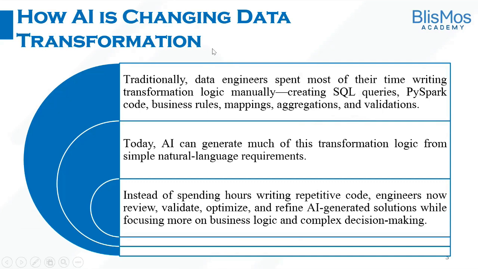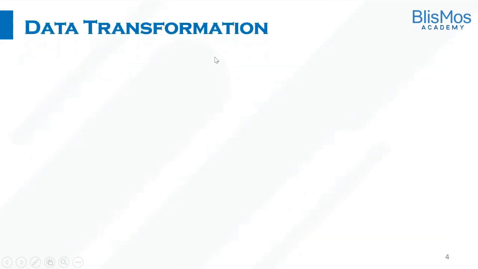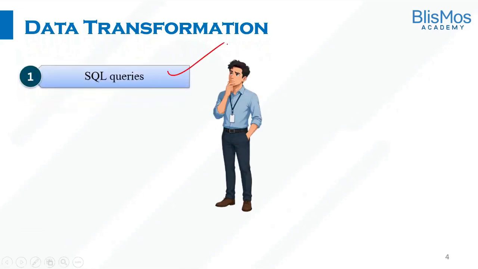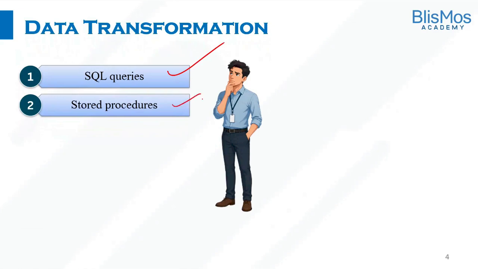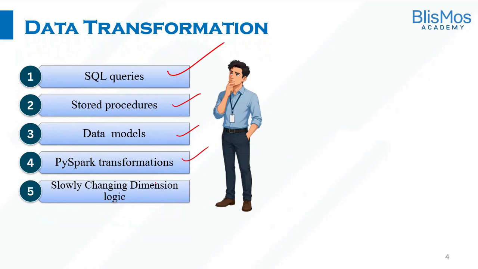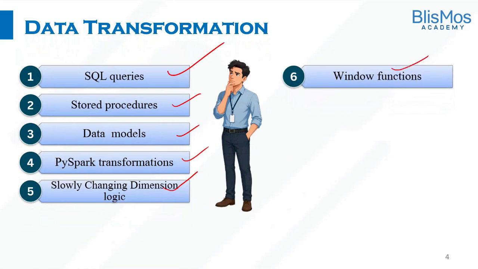When we peek into the important activities in data transformation, we do have multiple activities like writing the SQL queries. Then we have writing the stored procedures and creating the data models wherever it is necessary. PySpark transformations, applying or creating the SCD logic, that is slowly changing dimension logic, and writing the window functions as a part of the SQL or PySpark or any of the languages which we are using.